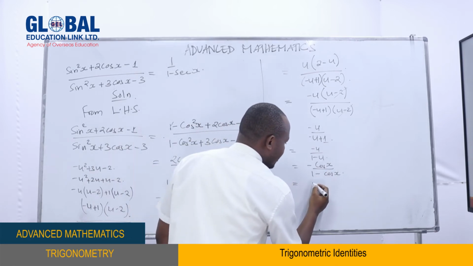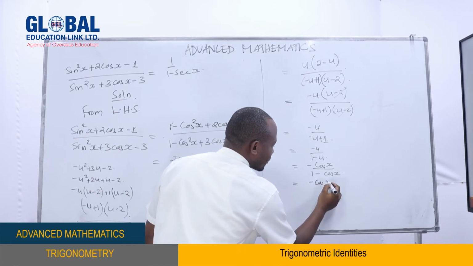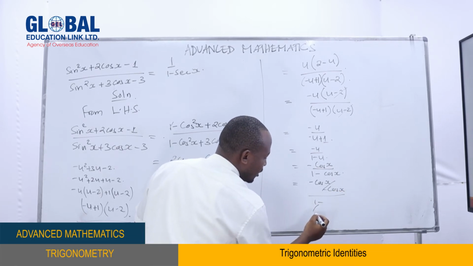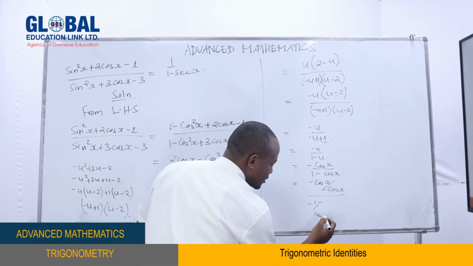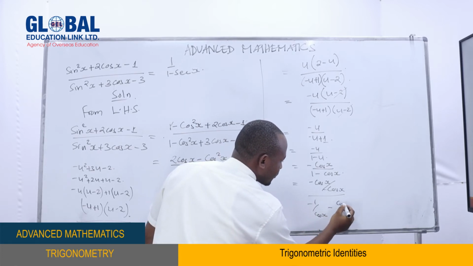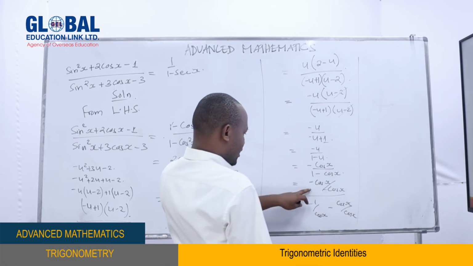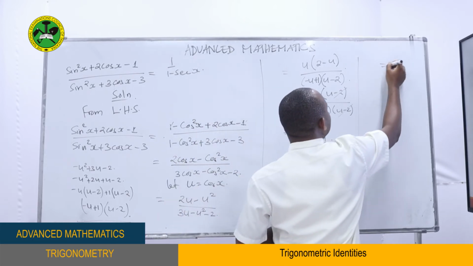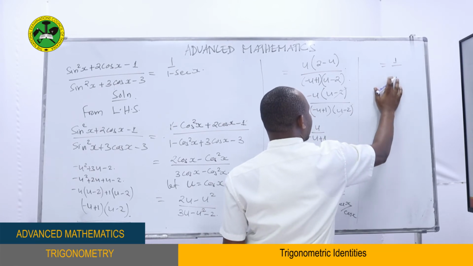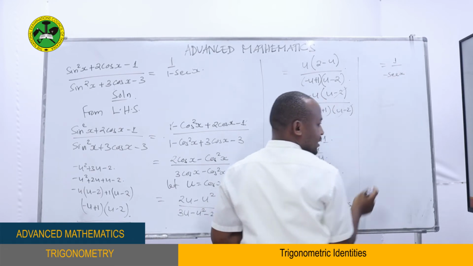Then we are going to be left with, on top there, negative cos of x over negative cos of x, then we are left with what? On top there is negative over negative, that is a positive 1. That means there is 1 over cos, but negative, that means negative sec x.